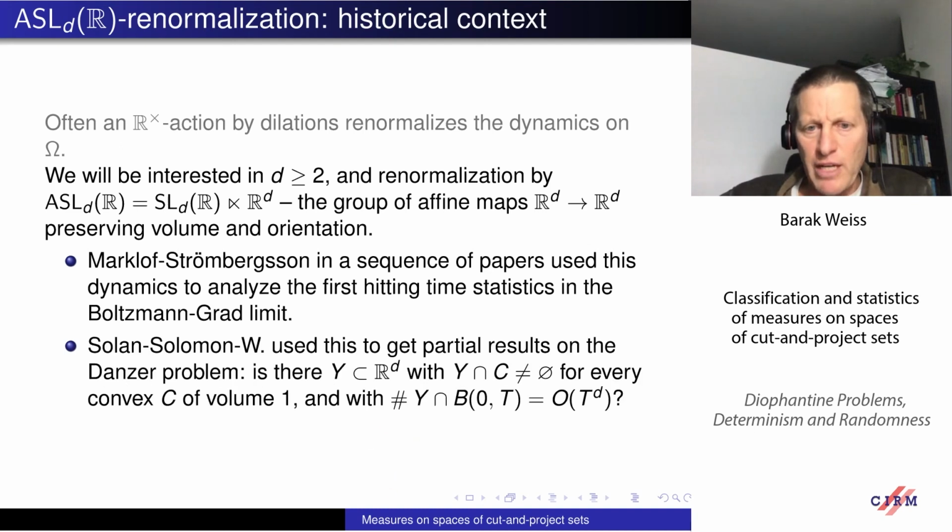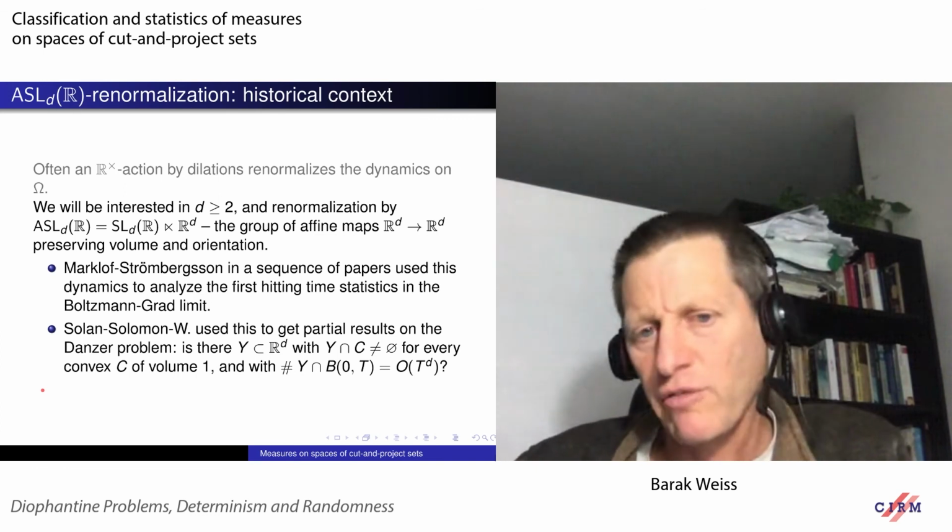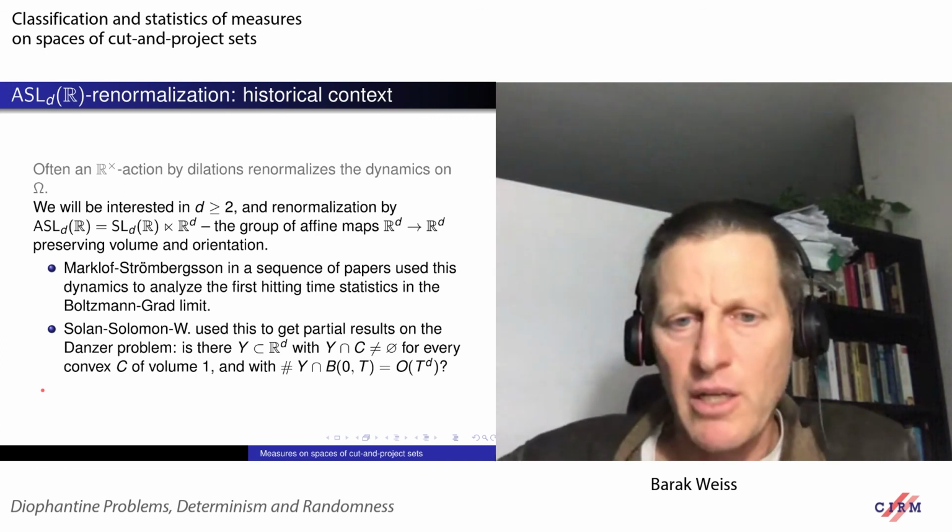I also want to mention some of my own work with Solan and Solomon. We also use this kind of renormalization or dynamics in order to get partial results on the Danzer problem. The Danzer problem is a wide open classical problem in discrete geometry from the 50s. We haven't solved it, but it's a beautiful question.